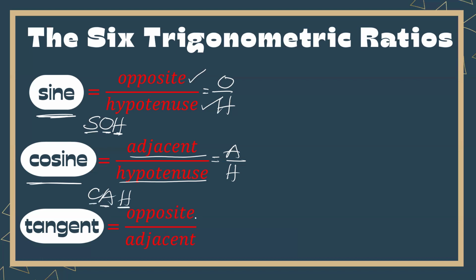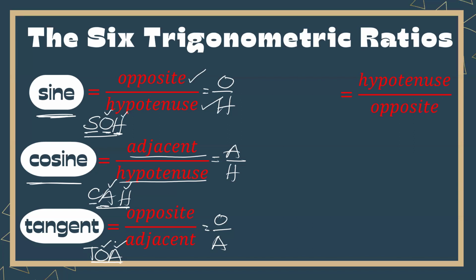And tangent is opposite over adjacent, which is represented as O over A. So we call this TOA. That's why we have SOH, CAH, TOA, to represent sine equals opposite over hypotenuse, cosine equals adjacent over hypotenuse, tangent equals opposite over adjacent.